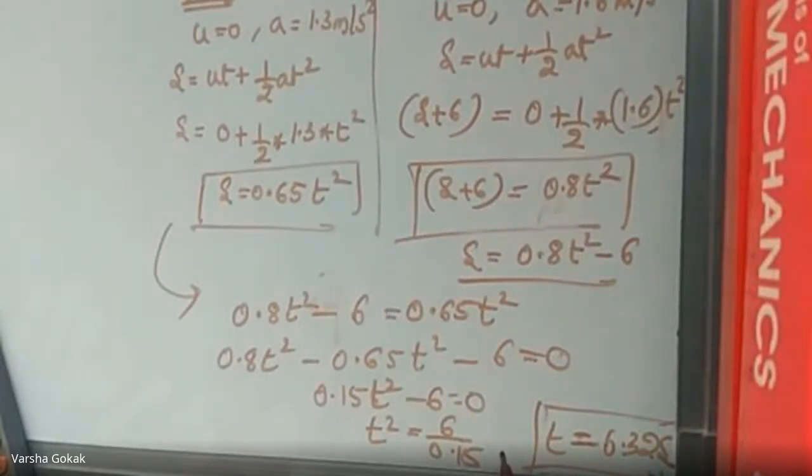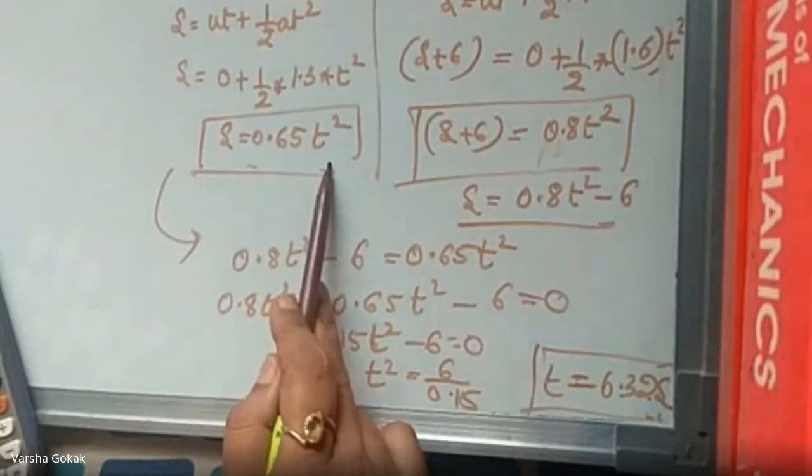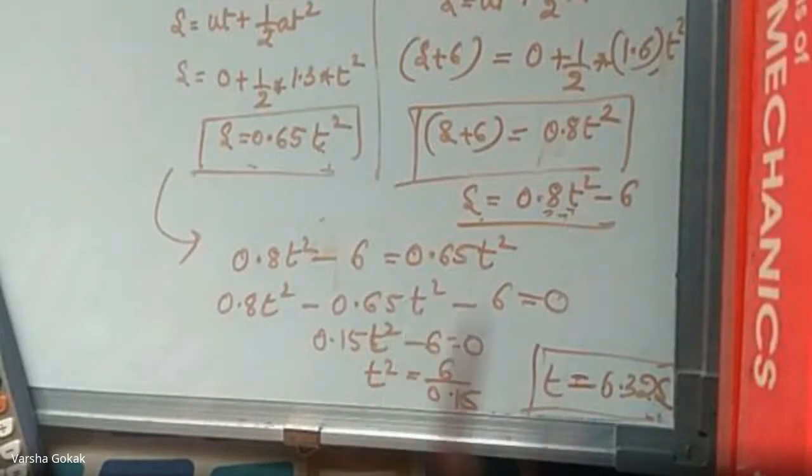Yes, some are in the chat box, 6.32. So solving these two, this is S equal to something, this is also S equal to something. So equate these two equations, a simple equation, it is not even quadratic. Both are t square. So one minus the other and one constant value you're getting.